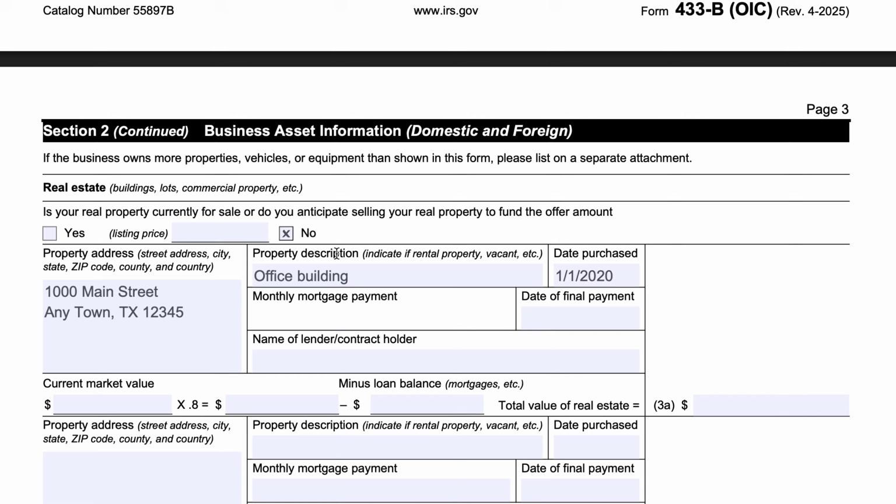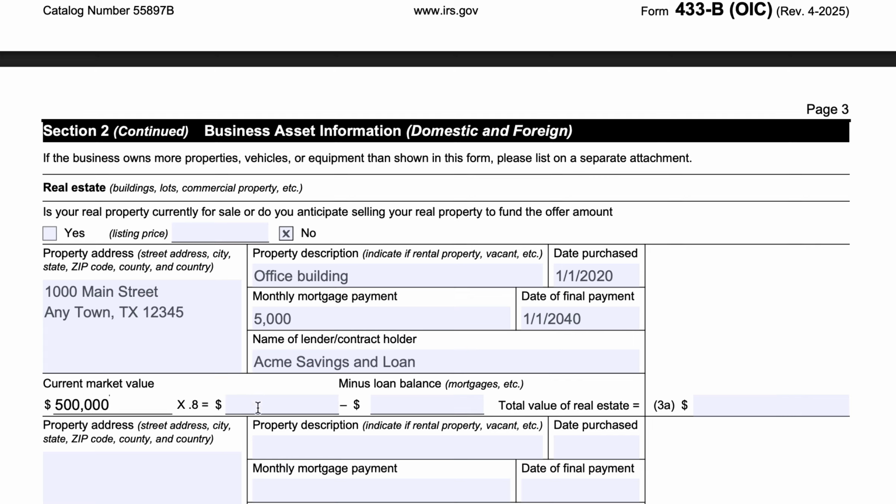Monthly mortgage payment, let's just say it's $5,000 a month. Date of final payment would be, let's say that we've got a 20-year mortgage, so let's call that 2040. And this is being held by Acme Savings and Loan. And let's just say that this is a $500,000 property.